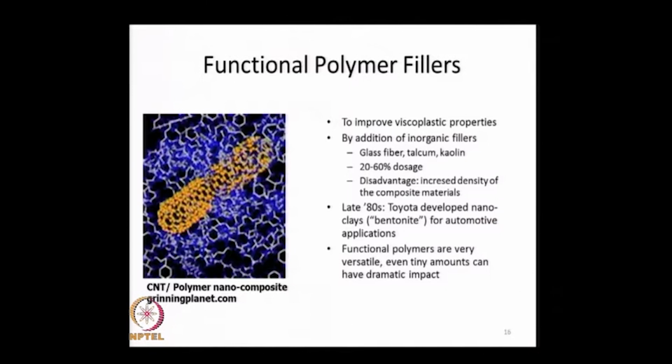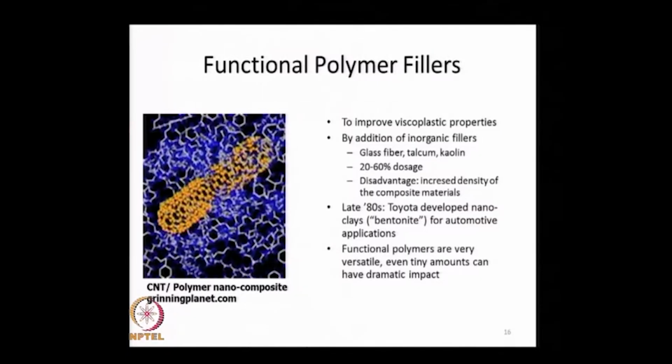The dosage is 20 to 60%. However, the disadvantage is that there is an increased density of the composite materials which can lead to higher weight, and when you have applications where the weight of the material is a limiting factor, nano composites do have a disadvantage over the pure or virgin polymer materials.